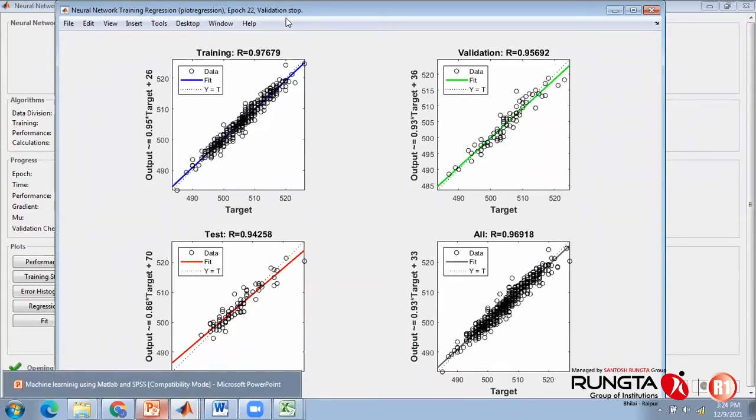Shall we stop over here? No need to train it further? Do we have a chance of improvement in terms of error as well as R, coefficient of correlation, or no? Anybody please? Any participant?